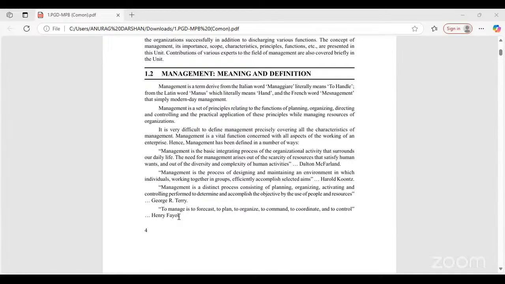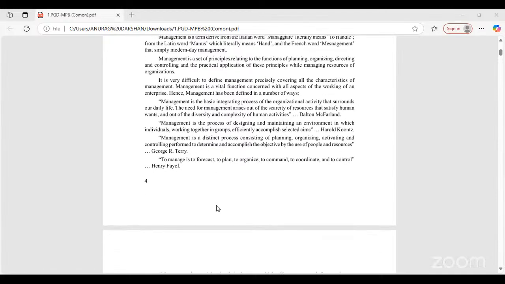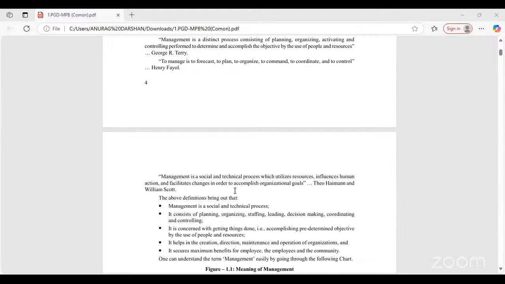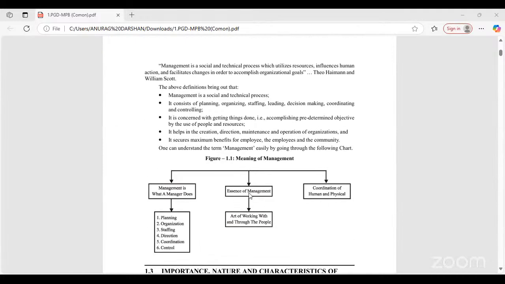The entire team is focusing on accomplishing the targets put before the employees. So here we have the three major definitions of management. That is, management is what a manager does, the basic definition. So what does a manager do? He plans, organizes, staffs, directs, coordinates, and controls. These are the 6 major things a manager does.